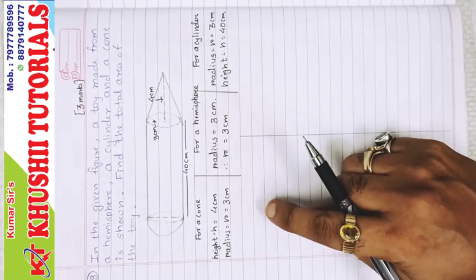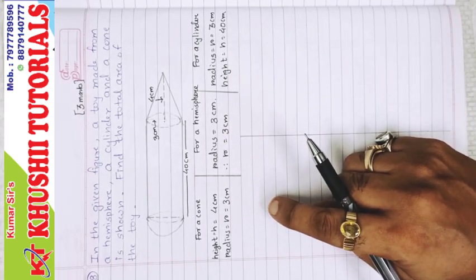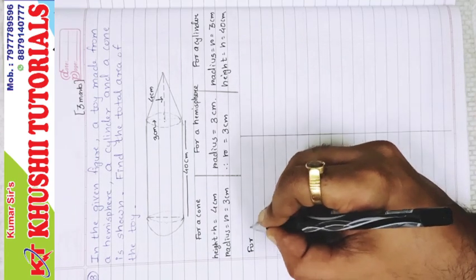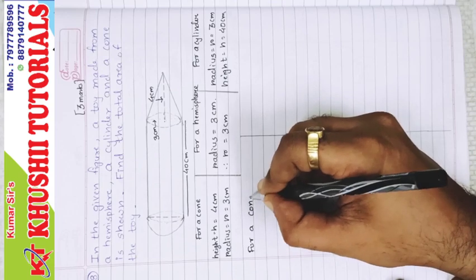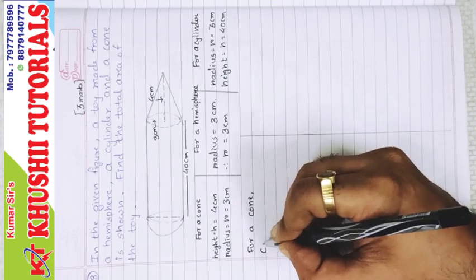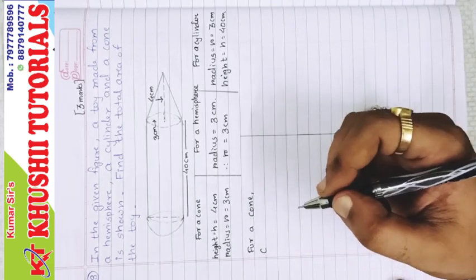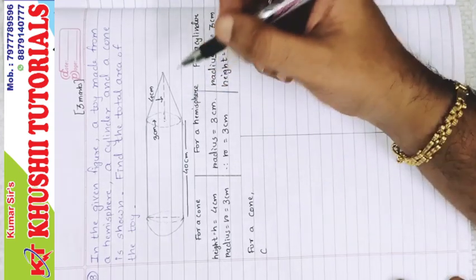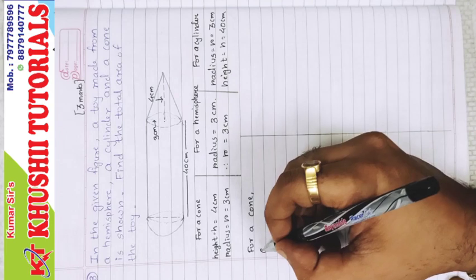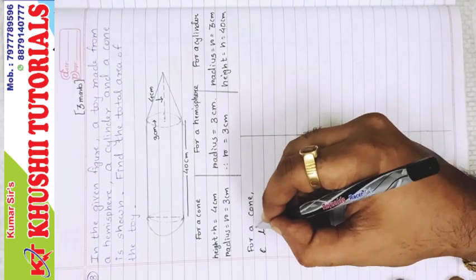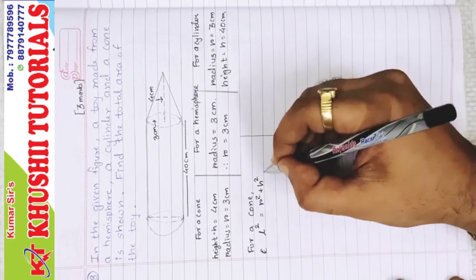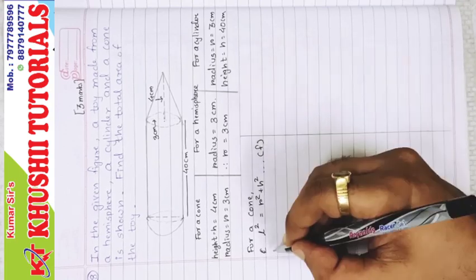Now we are clear that we need to find curved surface area. So first for a cone, CSA. Now curved surface area of a cone is pi r L, but we don't know L. L means slant height. So first we have to find slant height L. For a cone, L square equal to r square plus h square, and this is the formula.